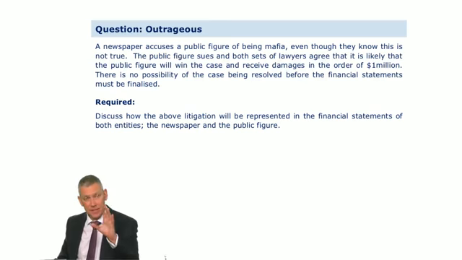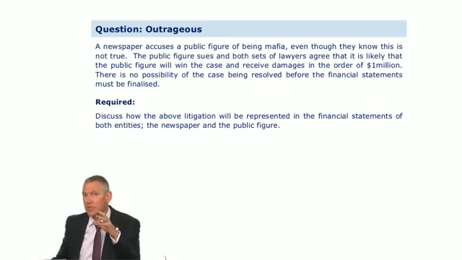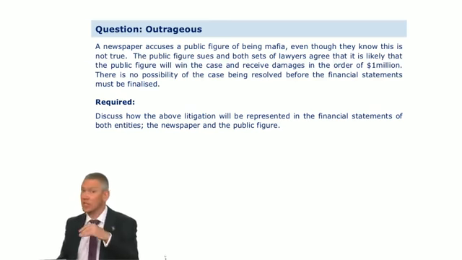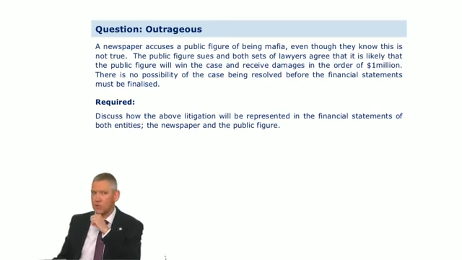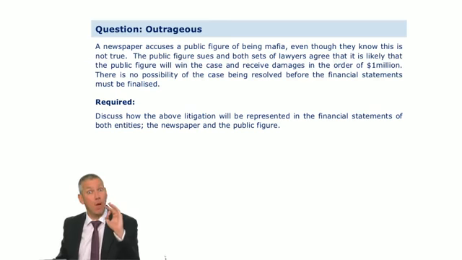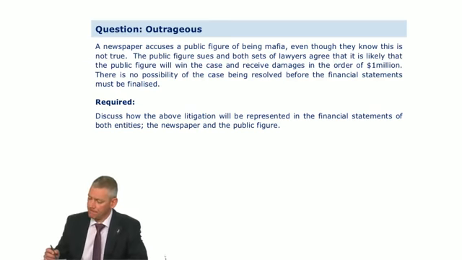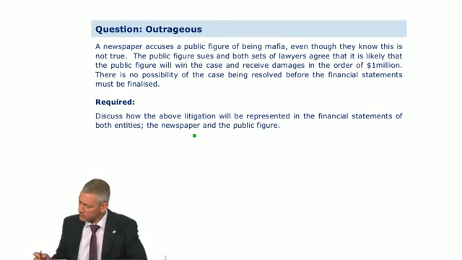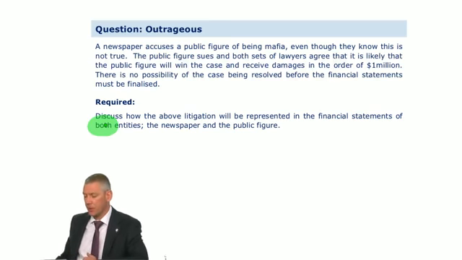And this is the thing, you see, the examiner is very fond of examining probable contingent liabilities and very fond of examining probable contingent assets. But what he's most fond of is examining both in one question. And we're going to do both by looking at both entities. We're going to look at, first of all, the newspaper and then the public figure.